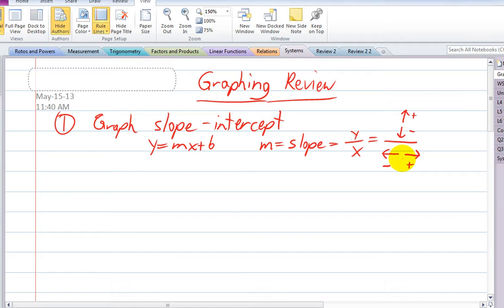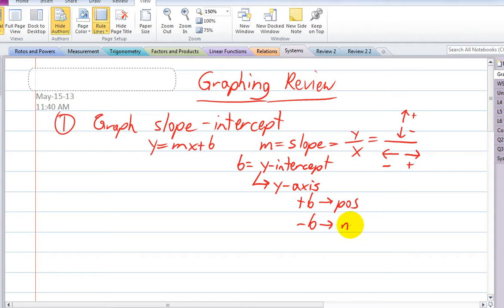For b, this equals your y-intercept. It is where you cross the y-axis. If it's plus b, then it is positive, and if it's minus b, it is negative.